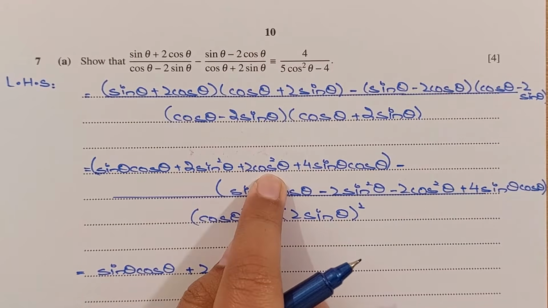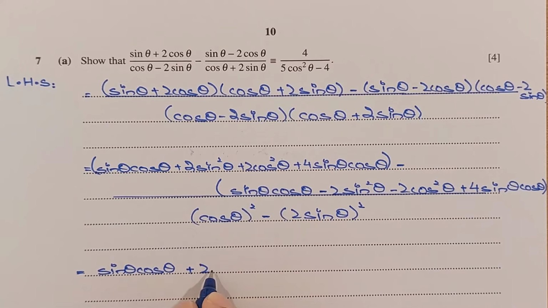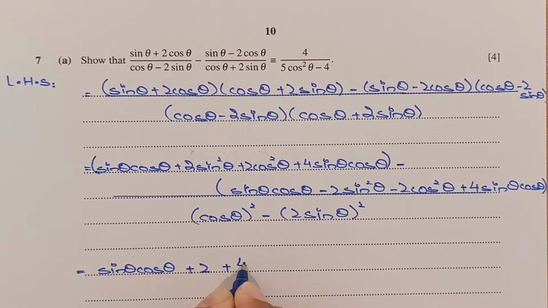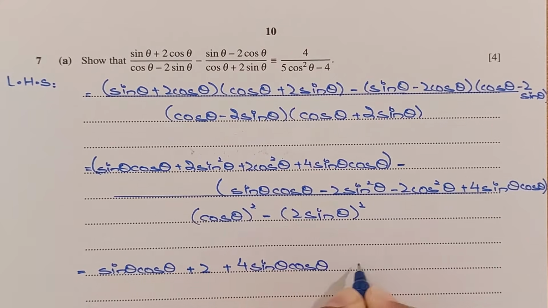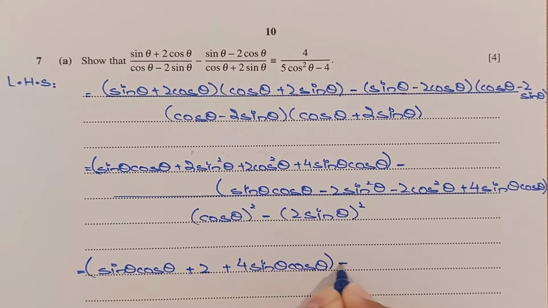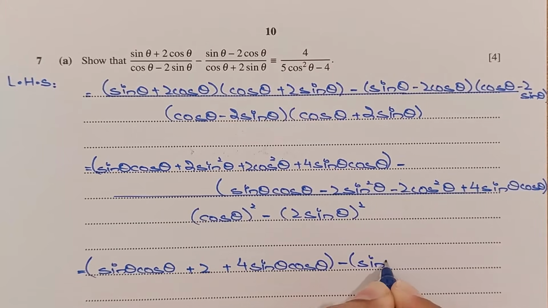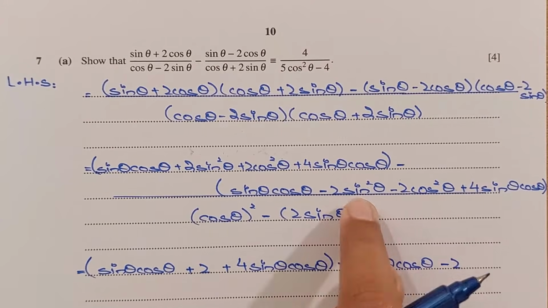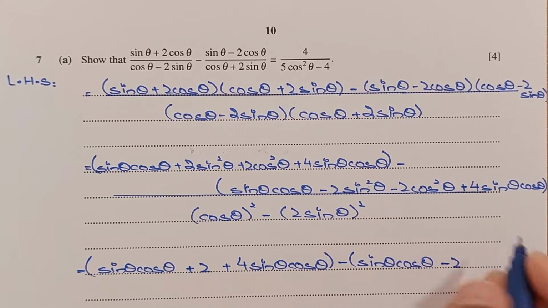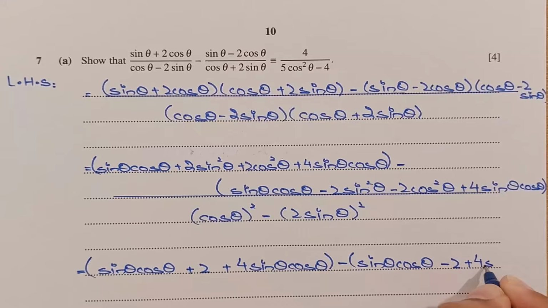Sin square theta plus cos square theta is just 1, right? So we can just consider it 2. So plus 4 sin theta cos theta. Okay, and negative, we have sin theta cos theta minus 2 is outside. Sin square theta plus cos square theta is just 1. So plus 4 sin theta cos theta.